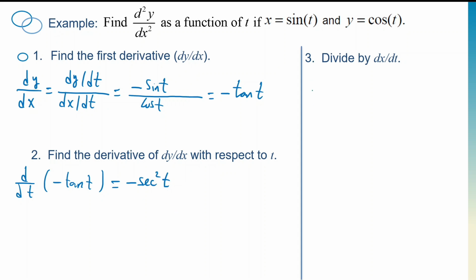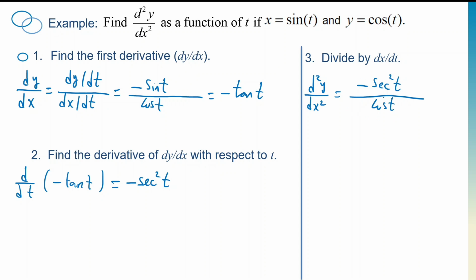Now the last step will be what? Whatever I have from step number 2, this is the second derivative. Final step is always the second derivative. So whatever I have from the second step, which is negative sec squared t, I have to divide it by dx over dt. Again, what's dx over dt? It's cosine of t.